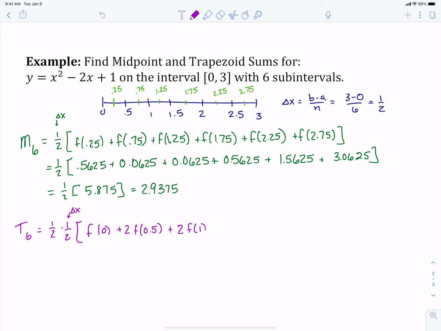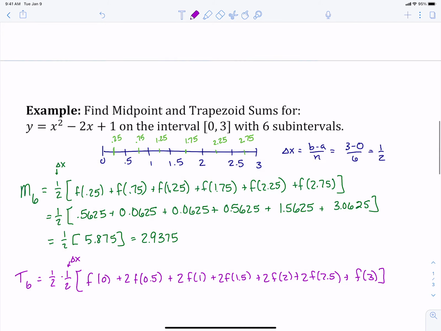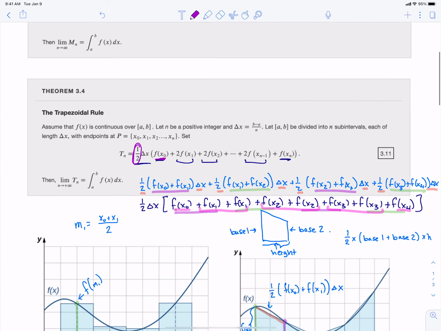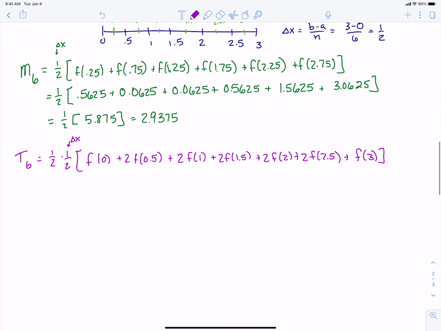So 2 times f of 1, 2 times f of 1.5, 2 times f of 2, 2 times f of 2.5, and then our last endpoint doesn't get multiplied by 2. So again, back up here, that initial endpoint and that ending endpoint, those aren't multiplied by 2, but every other endpoint in between is multiplied by 2.